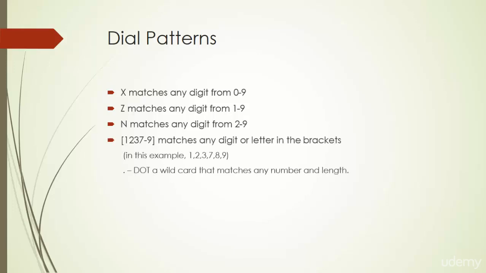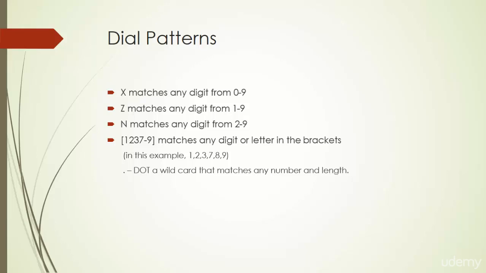Like you can see, the brackets [1237-9] match any digit in the brackets. In this example, the number has a prefix of 1, 2, 3, 7, and 7 to 9, which includes 8 also. So we can also put a range of numbers.